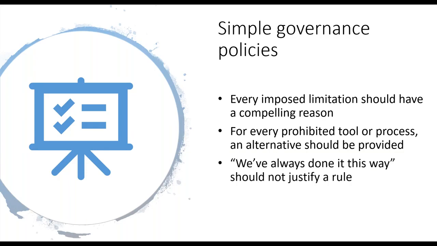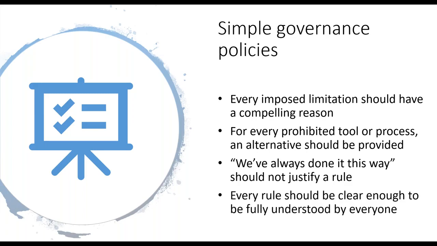You can't just say that we have always done it this way and we're going to do it this way. That cannot be a rule either, is what they said. So if you are going to make a change, great, make a change, but "we've always done it this way" cannot justify a rule for the company or the employees to stick to something that is not good for the company.